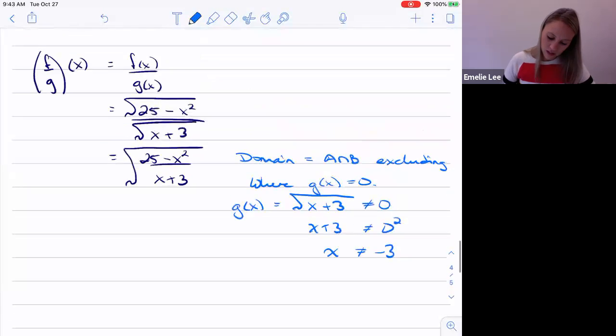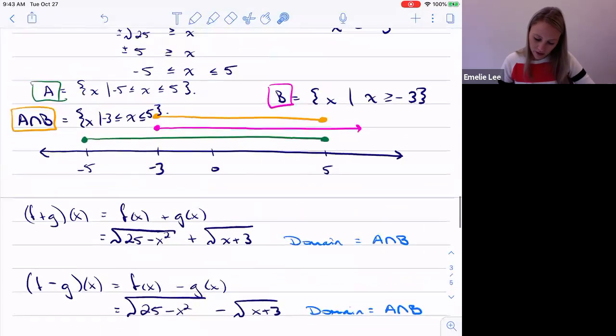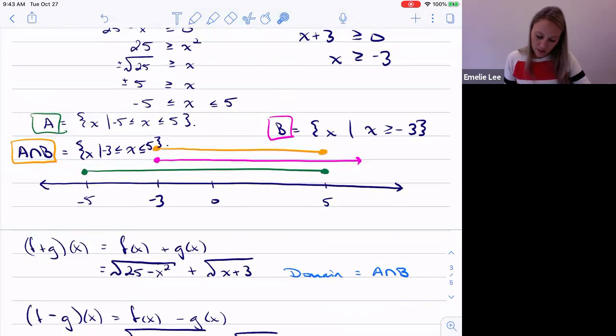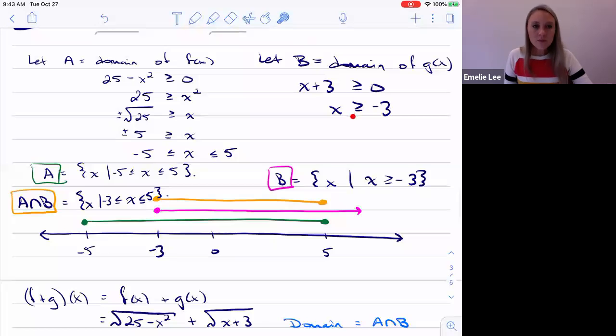So all we have to do up here, and we kind of knew this all along, right? If we don't want it to be equal to 0, we just have to alter it so that x is just greater than negative 3. So the only thing that changes here is that this becomes an open dot, but everything else stays the same. So it's A and B, but then pull out the point where g of x equals 0.